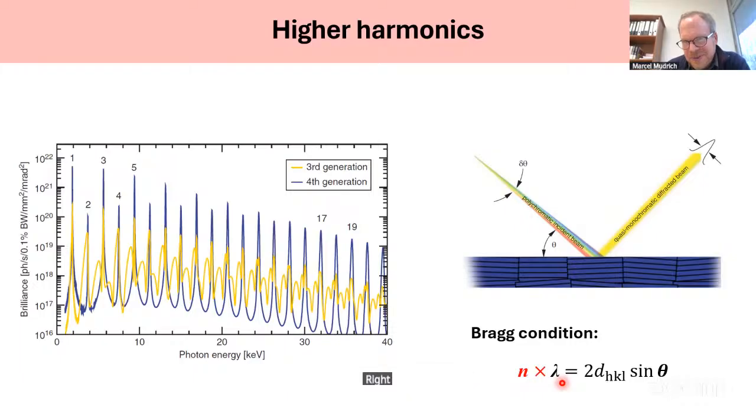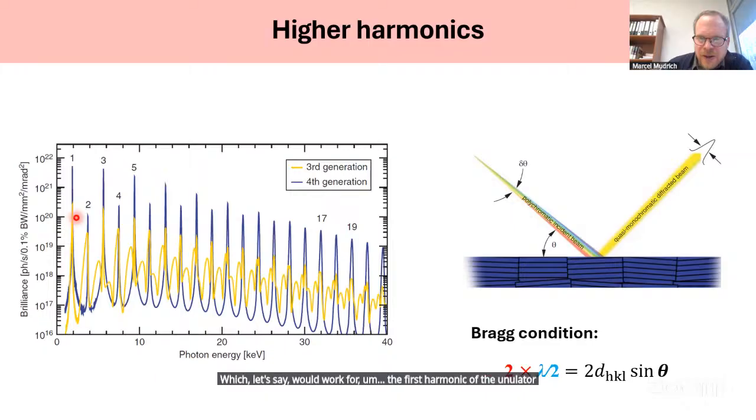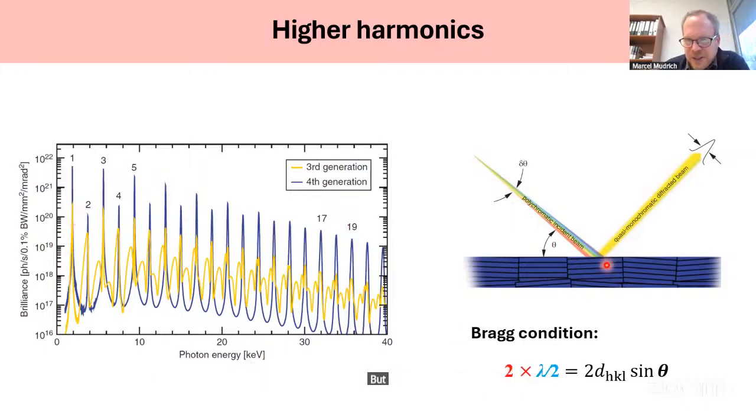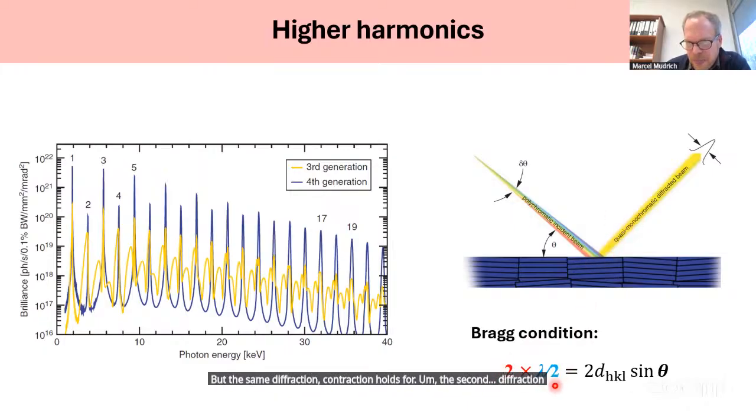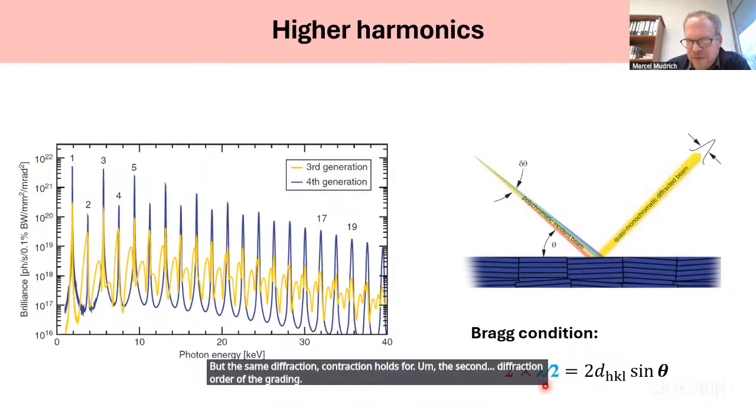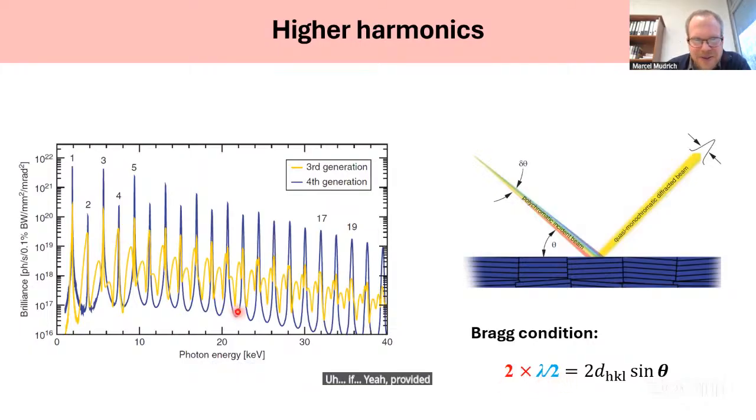So n equals 1 would be the first diffraction order, which would work for the first harmonic of the undulator spectrum, but the same diffraction condition holds for the second diffraction order of the grating, provided that lambda over 2, the second harmonic of the light, is present.